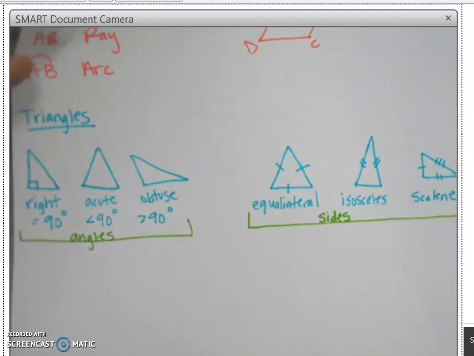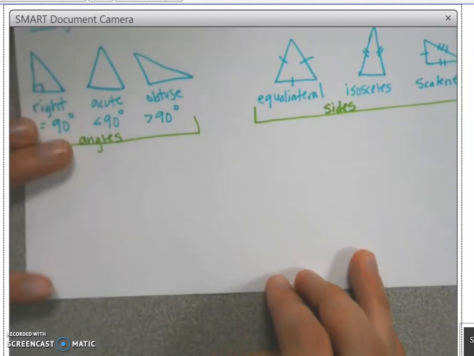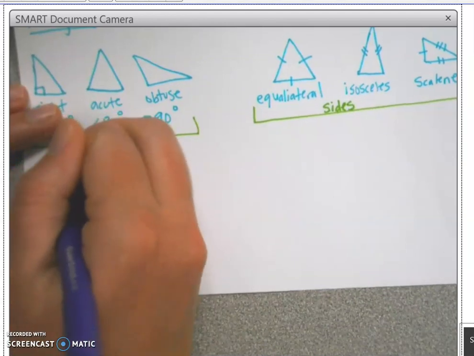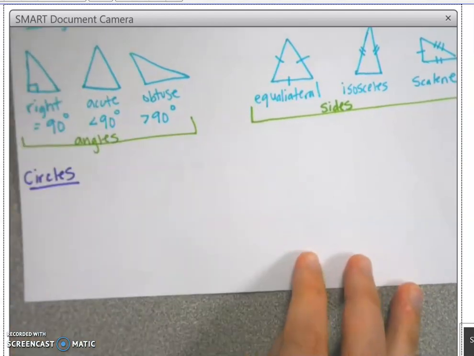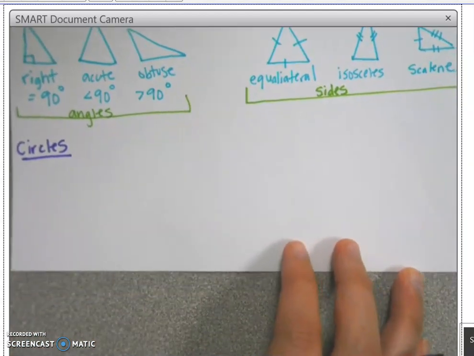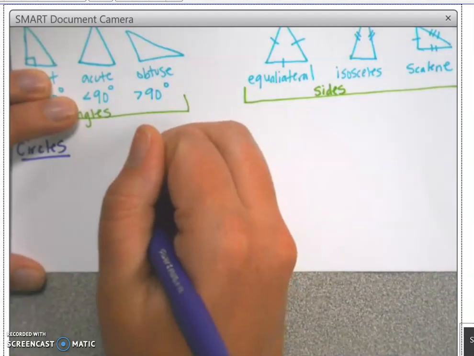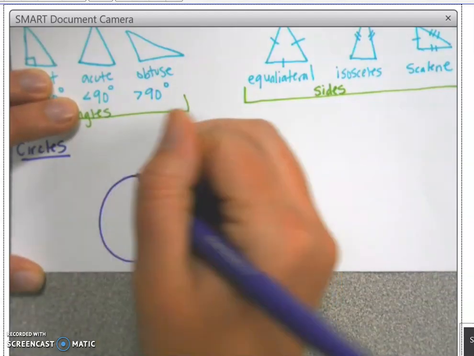We're also going to get into circles, and we're going to do a lot with circles. Just going to give you the heads up there. So we have so far symbol vocabulary, triangle vocabulary, and here comes circle vocabulary. I'm going to go ahead and draw 2 circles, and then I'll get into what everything is on those 2 circles.